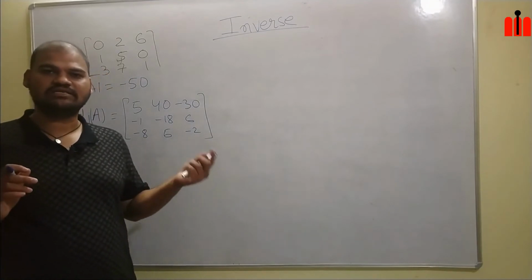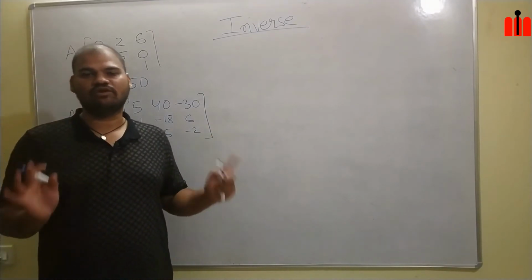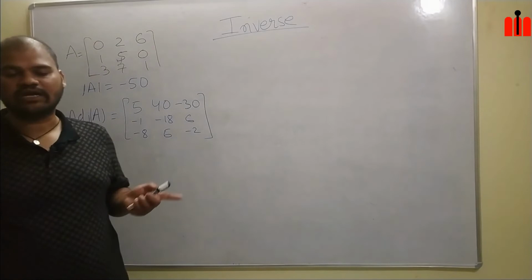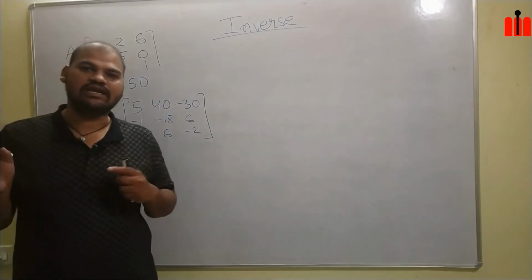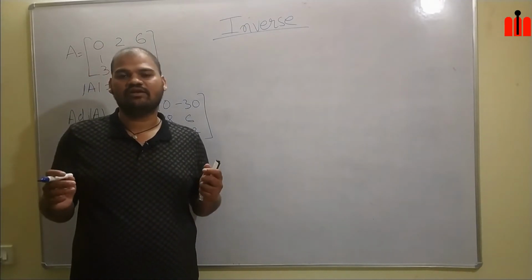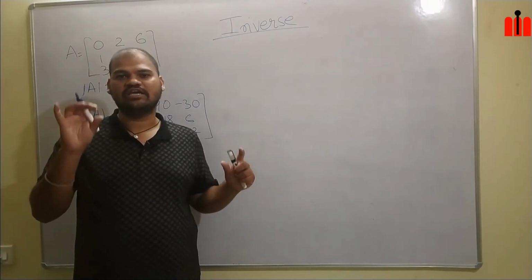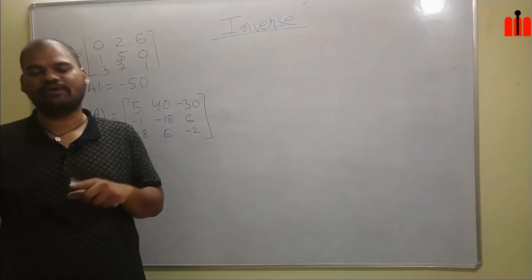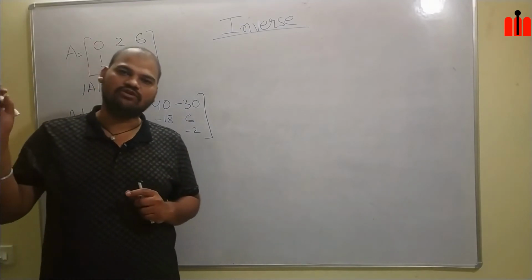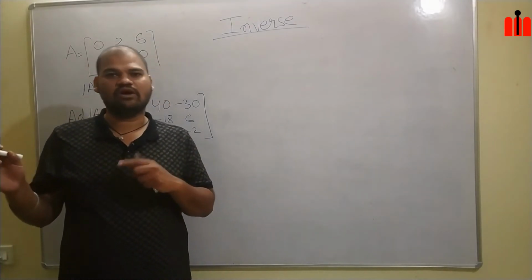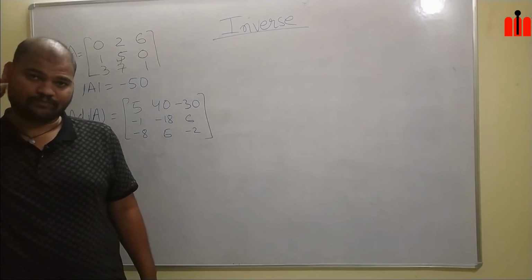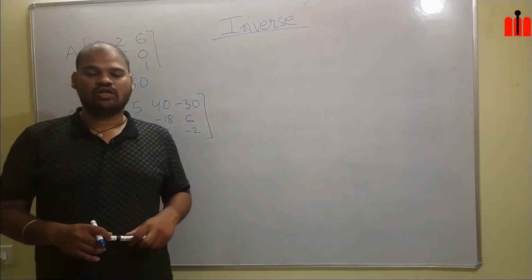In matrices, the identity matrix is just like 1. So if the product of two matrices is an identity matrix, then these two matrices are inverses of each other. Like A and B: if the product of A and B gives an identity matrix, then A is the inverse of B or B is the inverse of A.